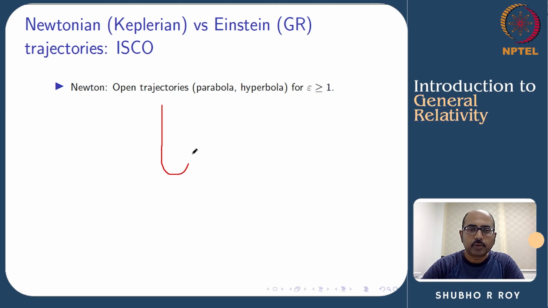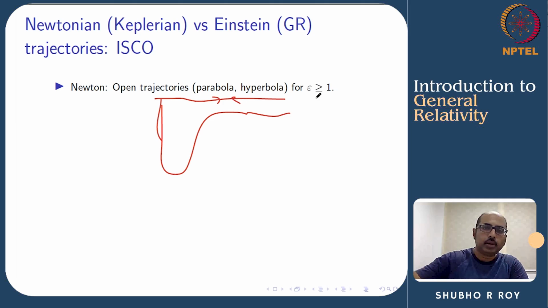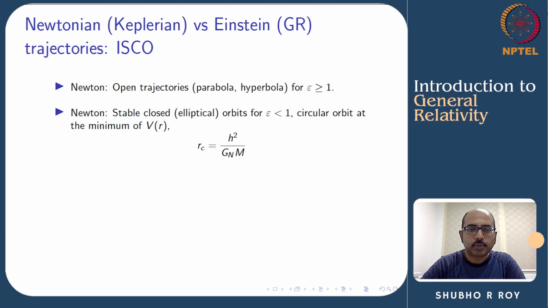So let me just draw some kind of potential, which goes to infinity here. If your energy is above this potential well, then this is an open orbit. So the particle will come in and go out, all the way to infinity. And these are parabolic or hyperbolic.